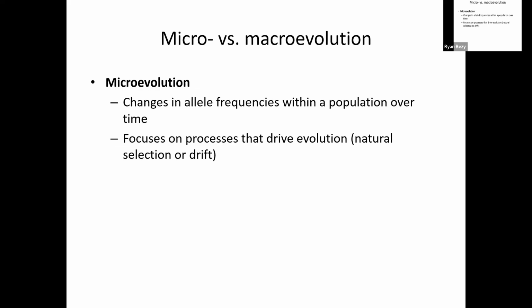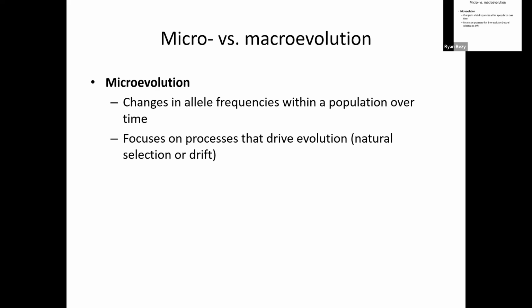Now, with evolution, we're also going to talk about evolution at a couple different levels of organization. There are different ways to look at evolution. There's microevolution. This is changes in allele frequencies within a population over time.